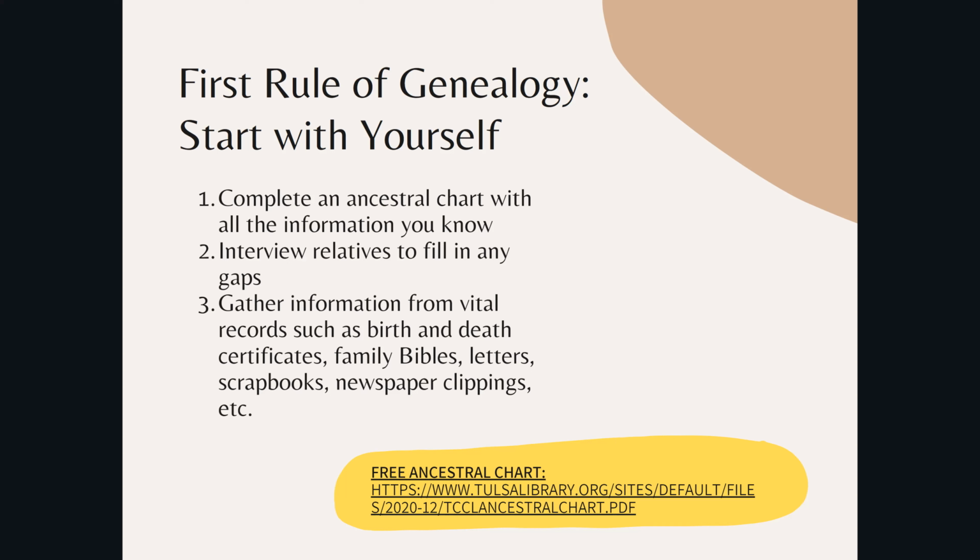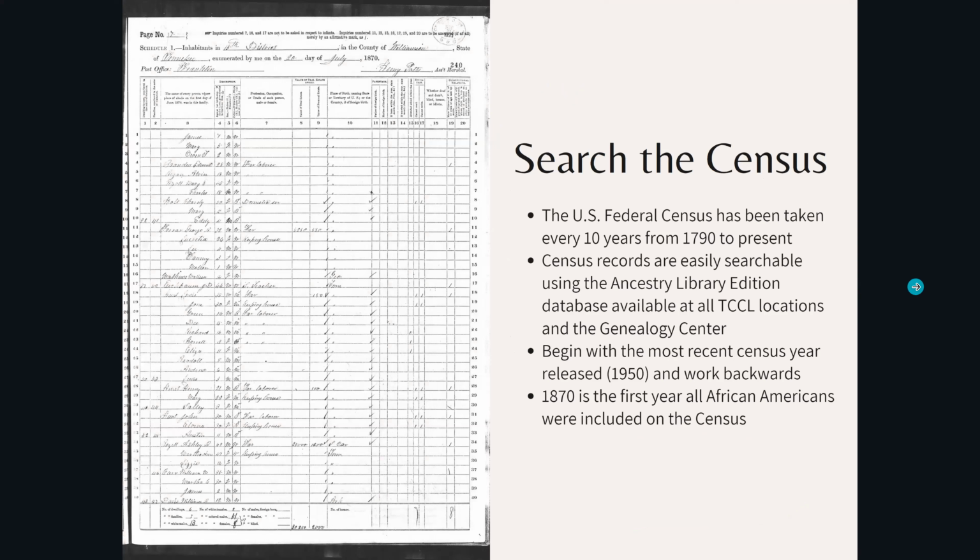Family Bibles often had recorded the names of the births of individuals in the family, if you have those on hand, or if a relative has a family Bible. If you have any old letters, scrapbooks, newspaper clippings of obituaries, all these things can contain genealogy information. So they're good resources to check out before you even get started.